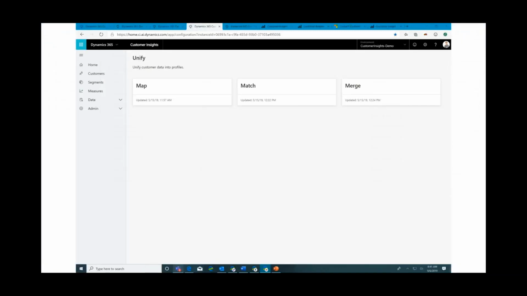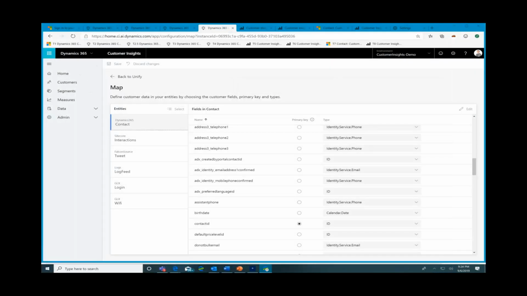We followed the process of mapping, matching, and merging. So when you do a map, here's what we're doing. The only manual thing we need to do is say that a contact in Dynamics 365, which is their CRM system, we click on a box that says that is the primary key. That is the unique identifier of a contact in that system.